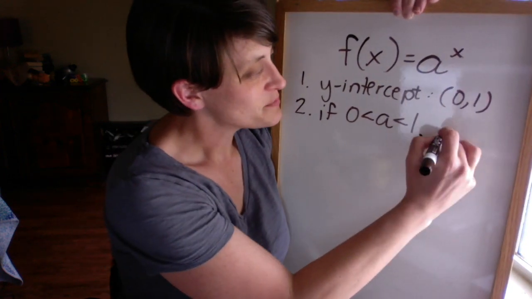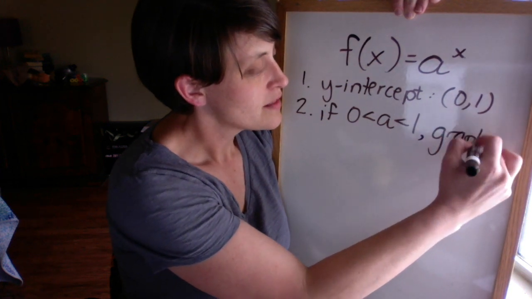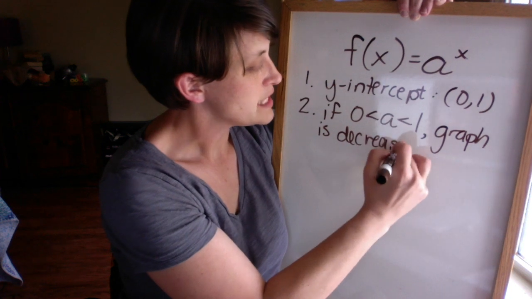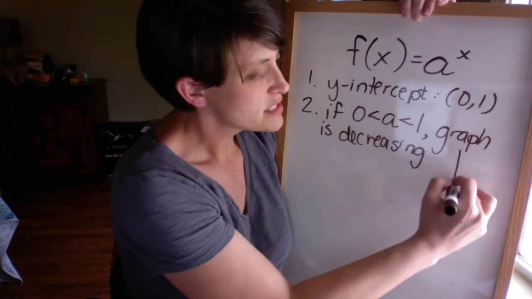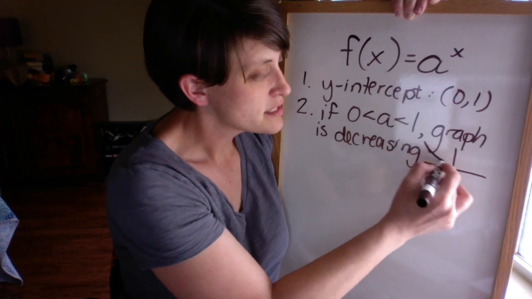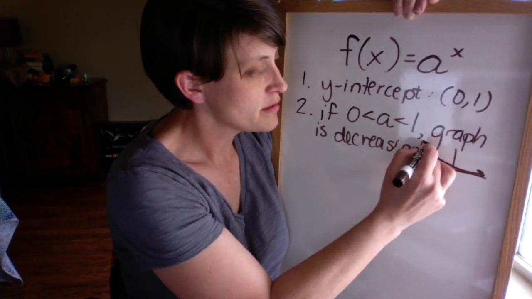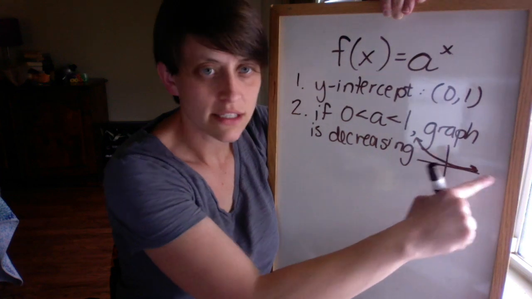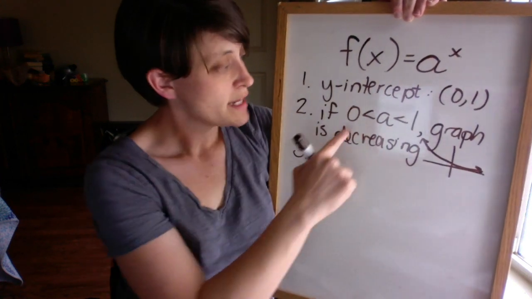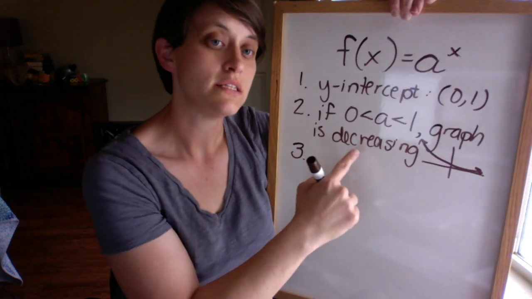If that's true, then the graph is always decreasing. And I'll just give you an idea of the shape it'll have. We'll graph these in a second, but it's going to have this general shape. Decreasing. All right, so that's if a is some number between 0 and 1.